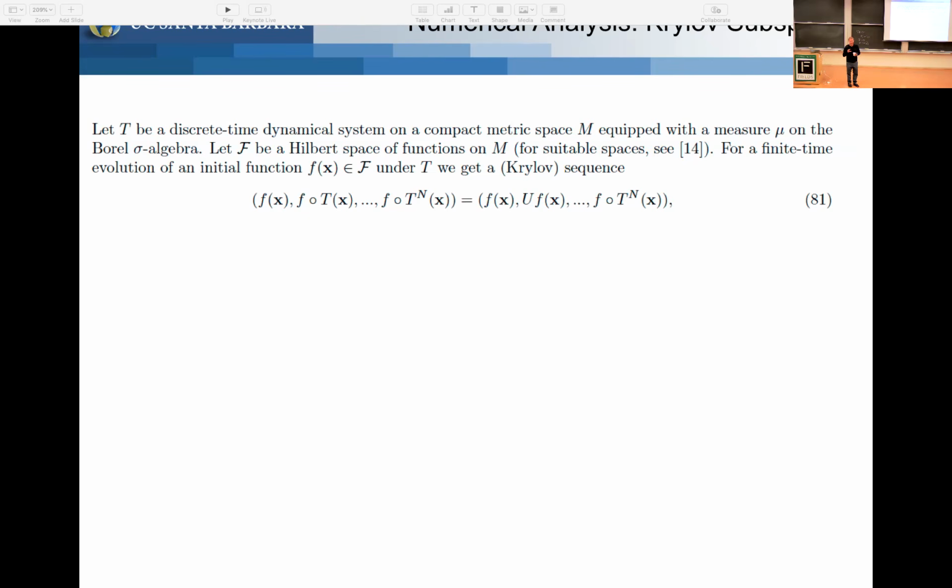It's by no means a put down or anything. But there is a lot of work that has been done on understanding of this. Matt Colbrook and Alex Townsend are in the back. They're doing some really fascinating stuff in this context using a spectral approach, for example.